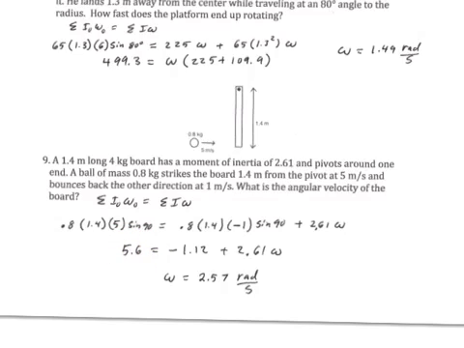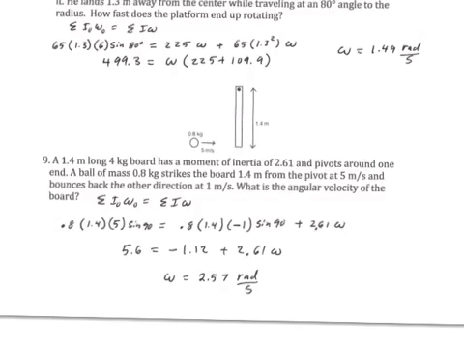Now, I have two objects afterwards. The ball is moving this way afterwards, which is the equivalent of a negative rotation. So I'm going to say 0.8, which is its mass, times 1.4, which is its radius, times negative 1, since its velocity is now in the negative direction, times the sine of 90. And now I was told that the moment of inertia of this rotating part of the system is 2.61, so 2.61 times omega.